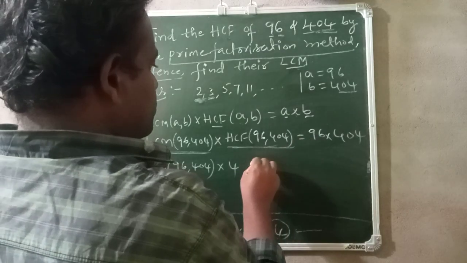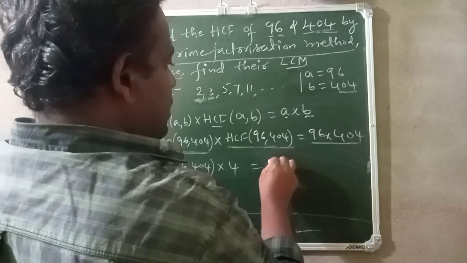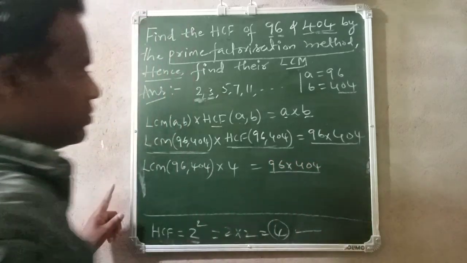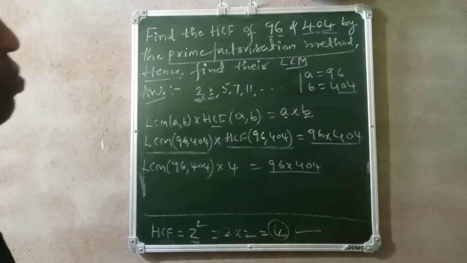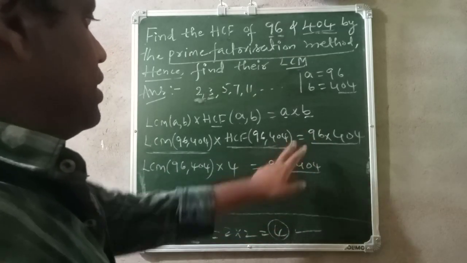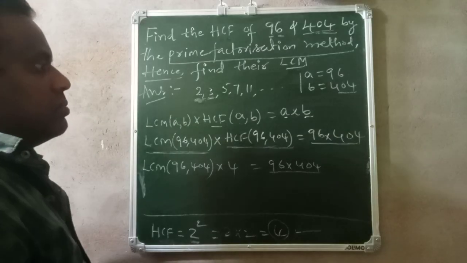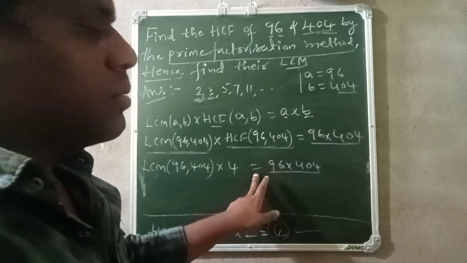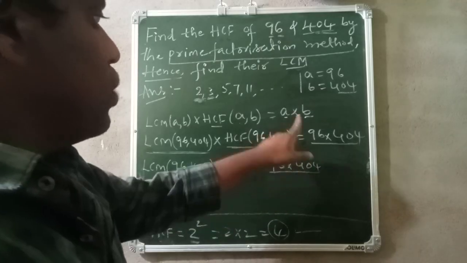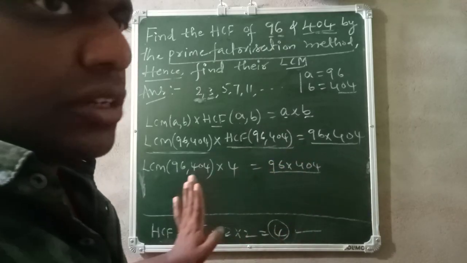Next, is equal to 96 into 404. Actually the equal sign should be in one line. But here because of space I have written it here. In the exam, you write in such a way that the equal sign is in one line, one below the other.